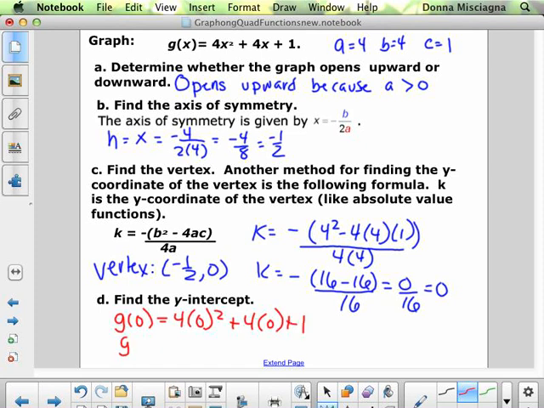So g of 0, the y-intercept is 1. So we have the point 0, 1. Right, so we've got 2 points so far. The vertex, negative 1/2, 0, and the y-intercept, 0, 1. All right, let's go ahead on the next page and find the x-intercepts.